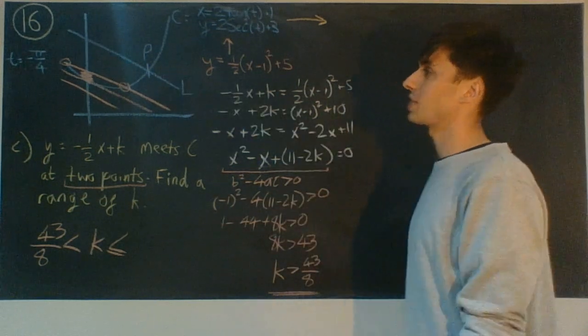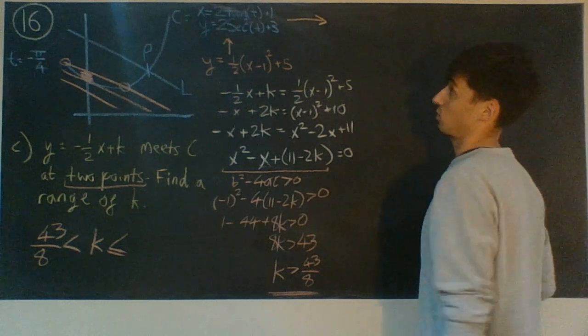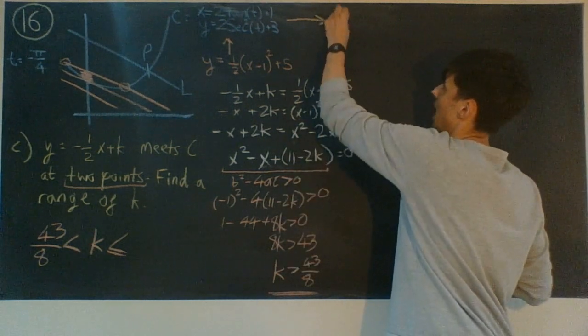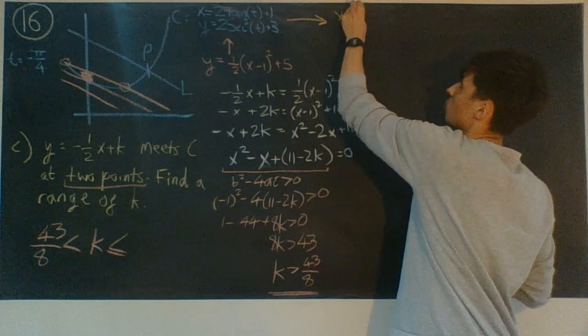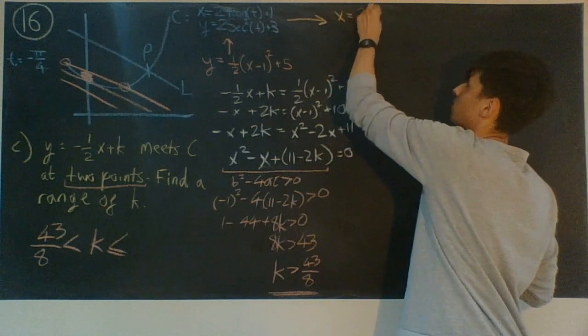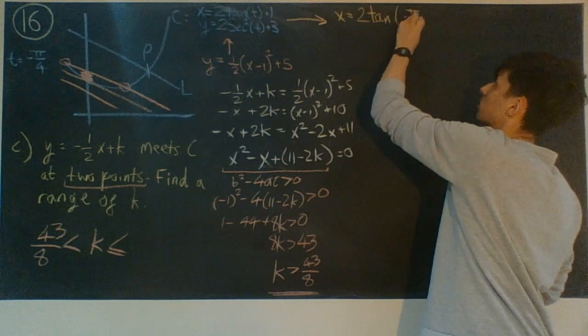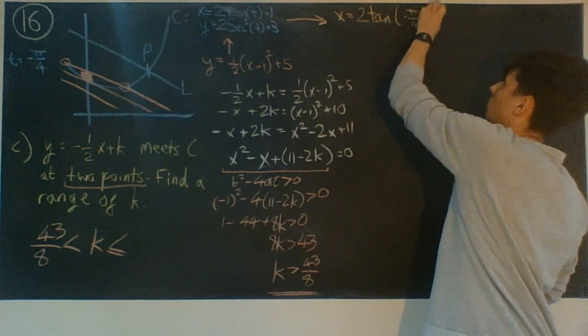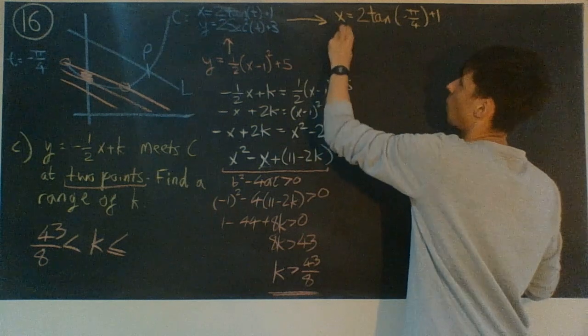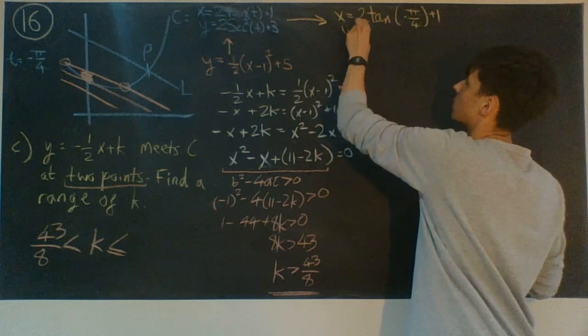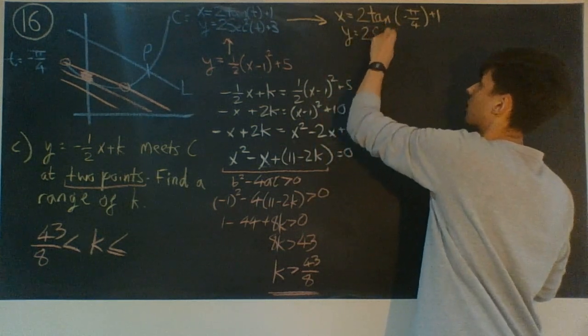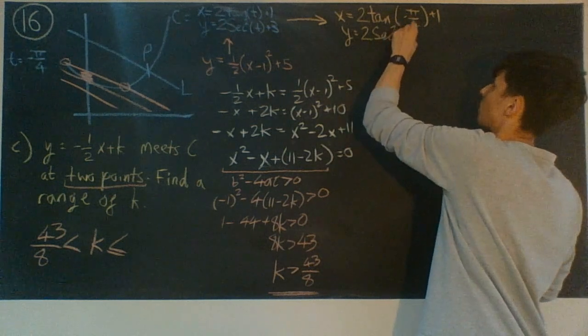So substituting in t equals minus pi over 4, x is going to be 2 tan minus pi over 4 plus 1, and y is going to be 2 sec squared minus pi over 4 plus 3.